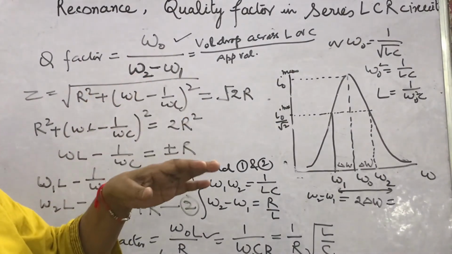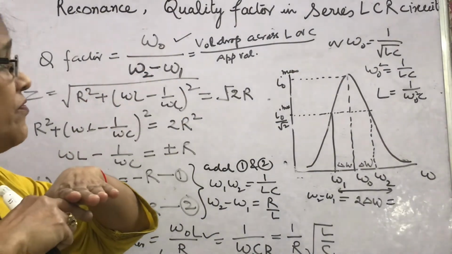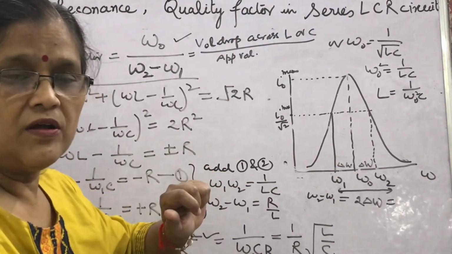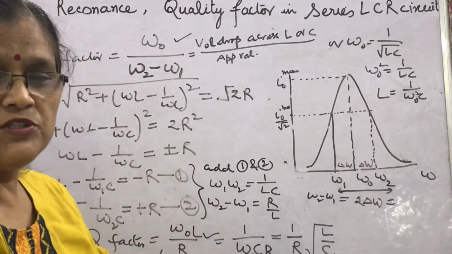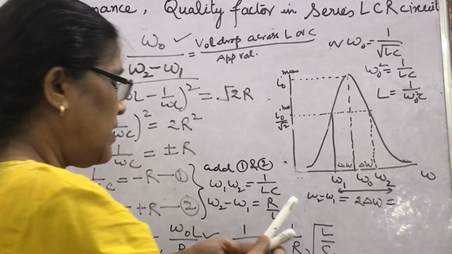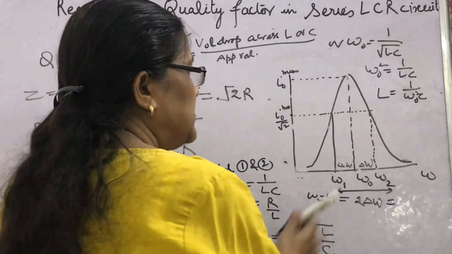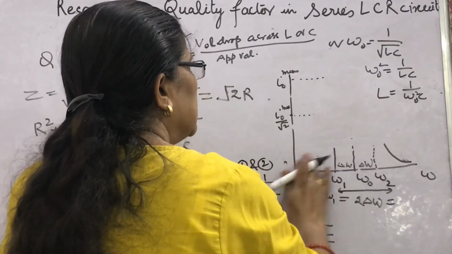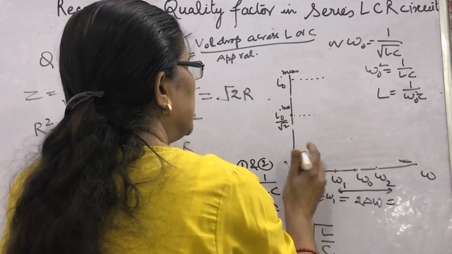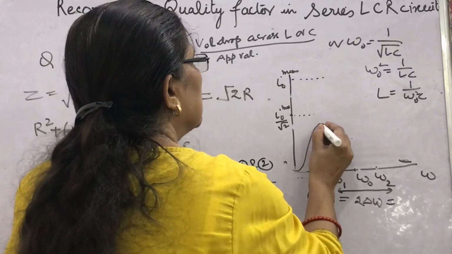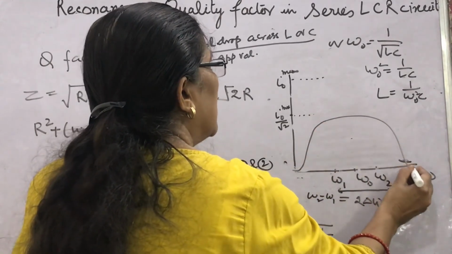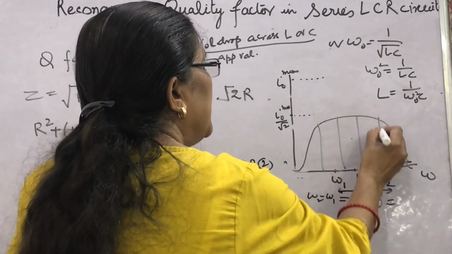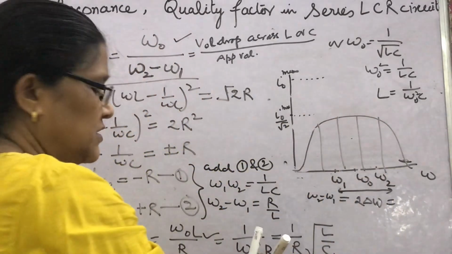Another question I have seen: the flatter the I omega curve, why is the flatter curve not chosen? Because if the curve is flatter, suppose the curve is like this one, then for almost every frequency the current is not negligible.